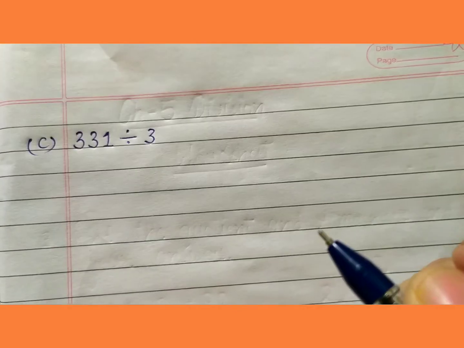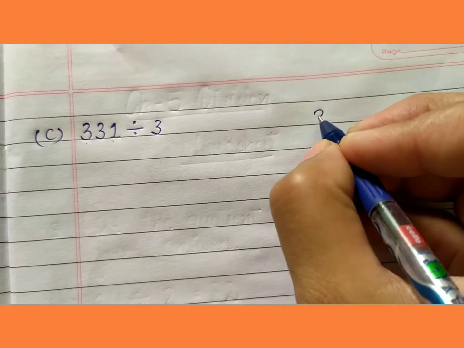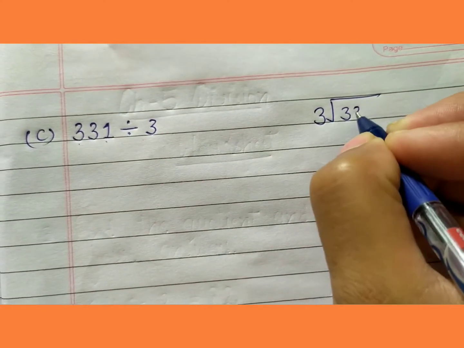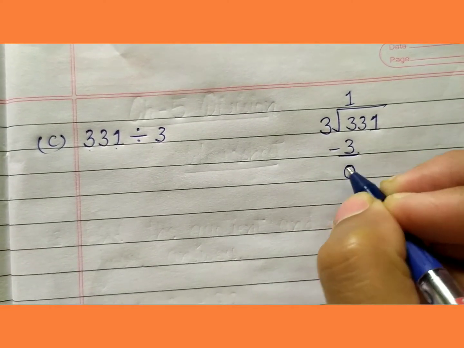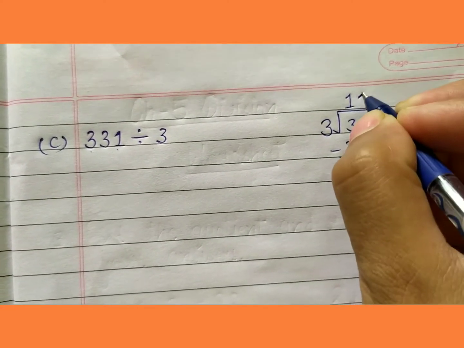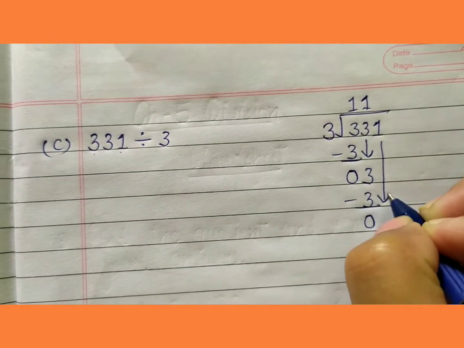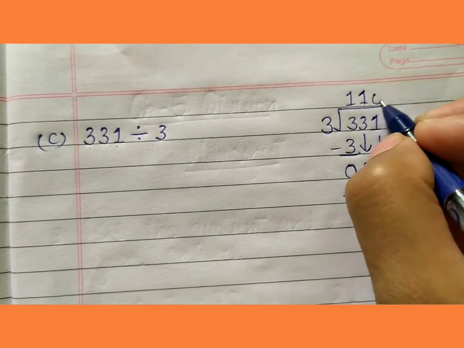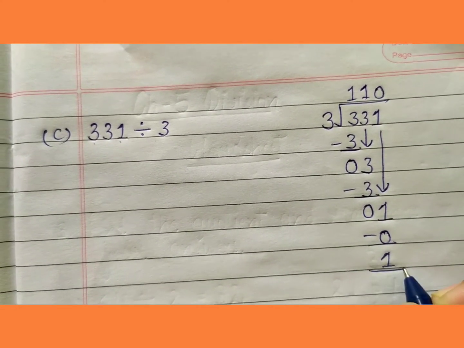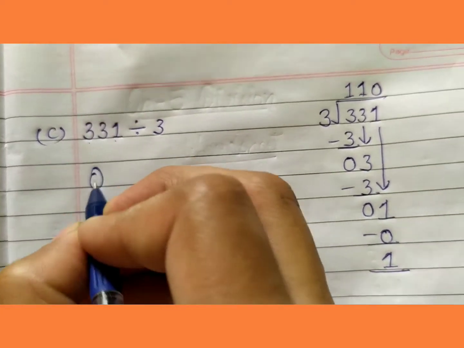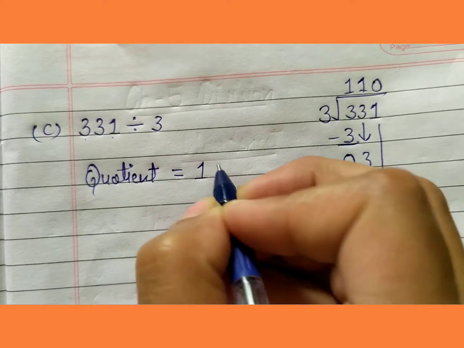Okay children. Next question is 331 divided by 3. 3 1s are 3. 3 minus 3 equal to 0. Write 3. 3 1s are 3. 3 minus 3 equal to 0. Write 1. 3 zeros are 0. 1 minus 0 equal to 1. Your remainder is 1. Quotient is 110.